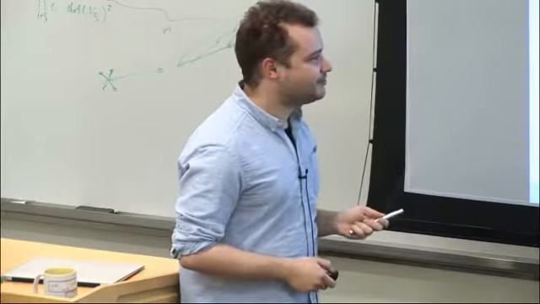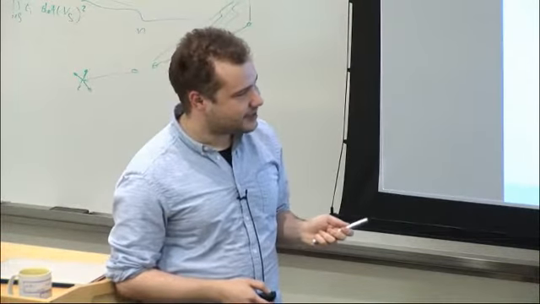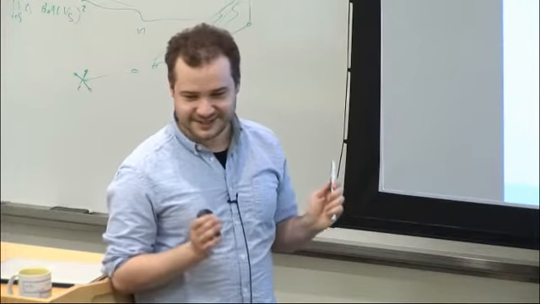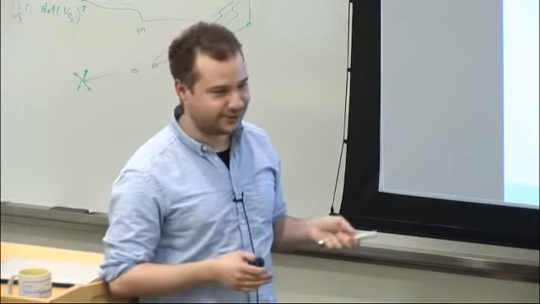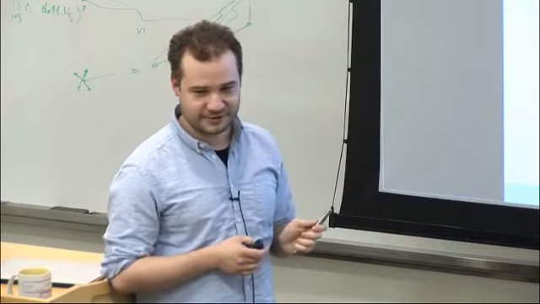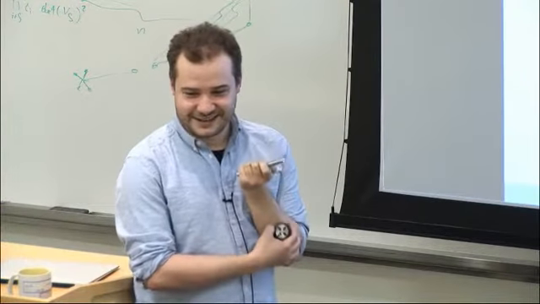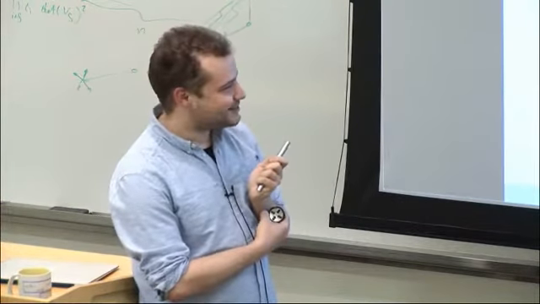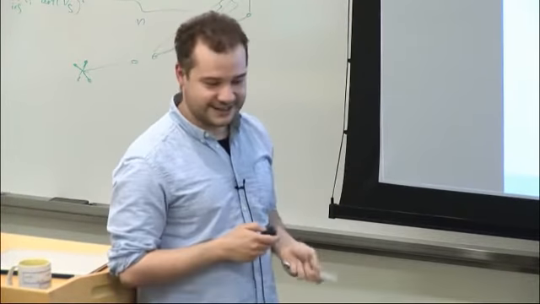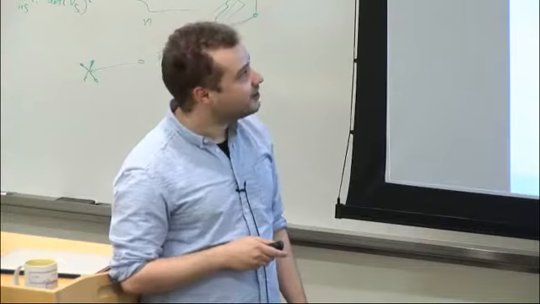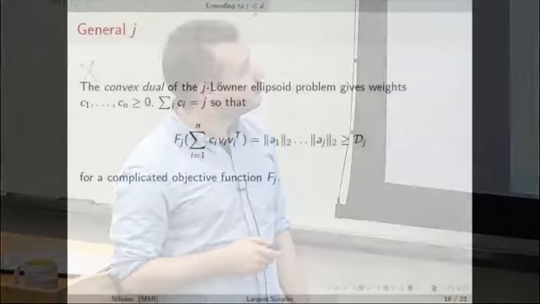Now if I sample Vi with probability Ci, this is the expectation, and it's optimal. So this is an optimal algorithm: take this program, write the dual, solve the dual, take the weights, sample according to the weights. In expectation, that works. That's a very bad way to compute a very simple thing, but it generalizes for general J. So this is basically what we're going to do.